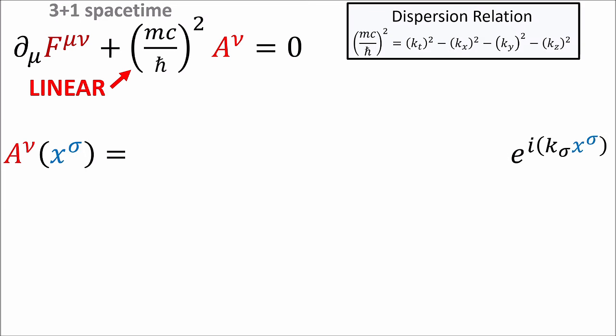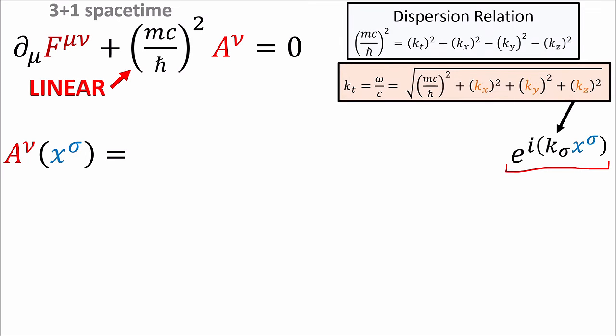We start with one basic sinusoidal solution with a wave vector k. Just like the Klein-Gordon equation, this wave vector must obey the dispersion relation. This means that, given the xyz wave numbers, the time component of k, which is the frequency, is already determined by the field's mass. Now, we can add any number of sinusoids together to get another solution.